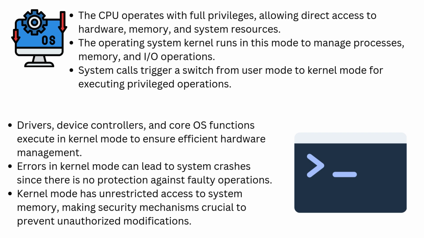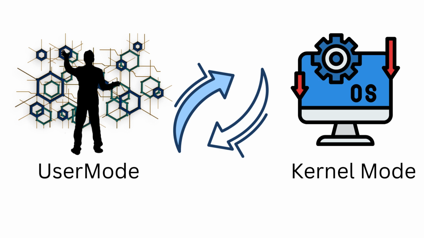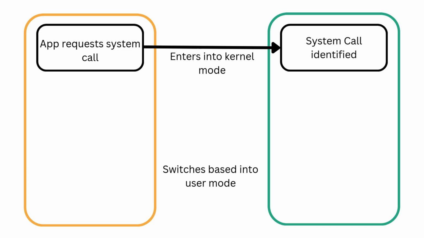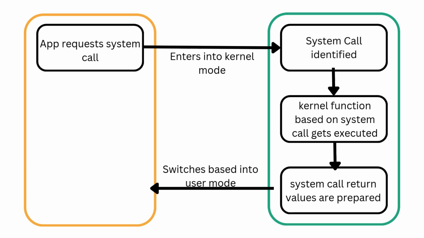For a given program, the program may need to access some of the hardware components. To achieve this, we make use of mode switching, in which we switch between user mode and kernel mode. The life cycle of the mode switching can be given as: initially the app requests the system call and enters into the kernel mode.